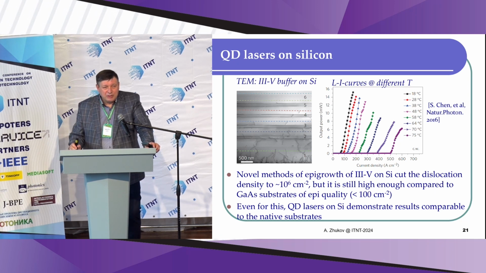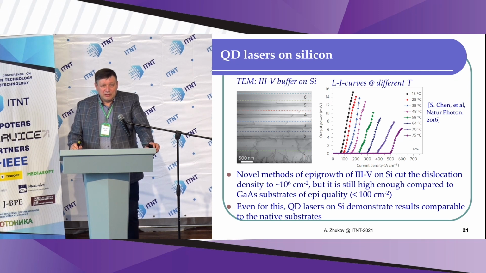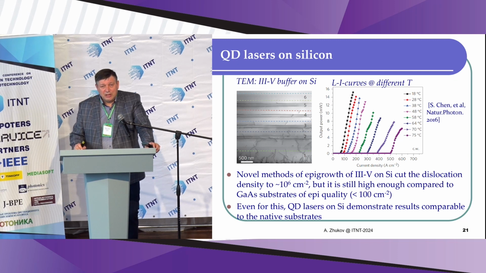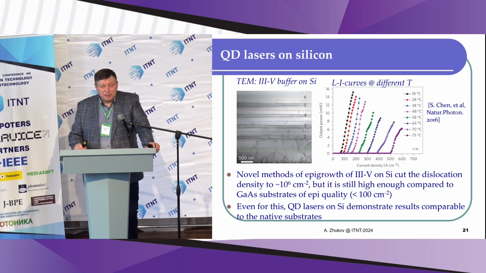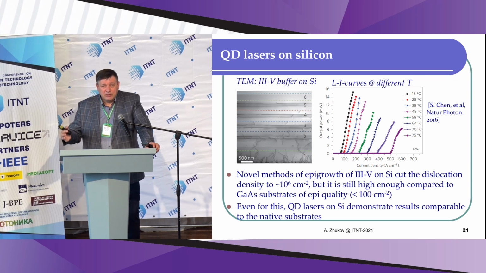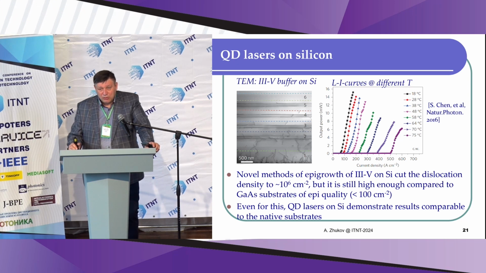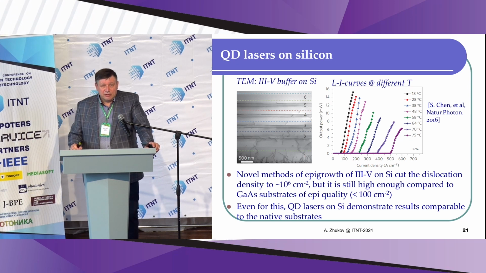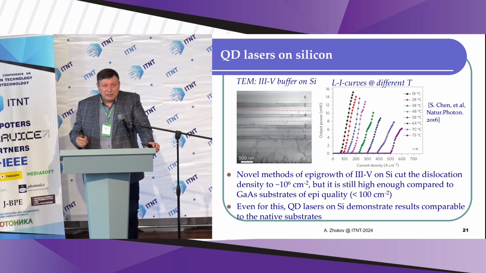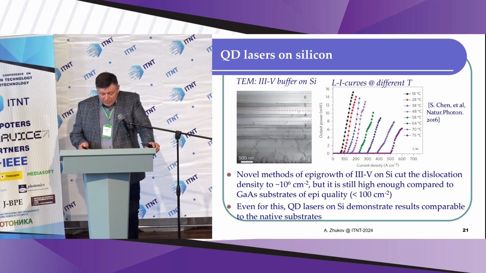Just to compare, the quality of a laser-grade, pure native gallium arsenide substrate is below 100 dislocations per square centimeter. So the difference is 4 orders of magnitude. But nevertheless, quantum dots grown on this defective buffer can operate in lasing regime even at elevated temperature.